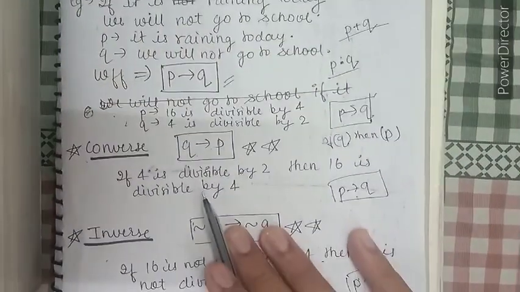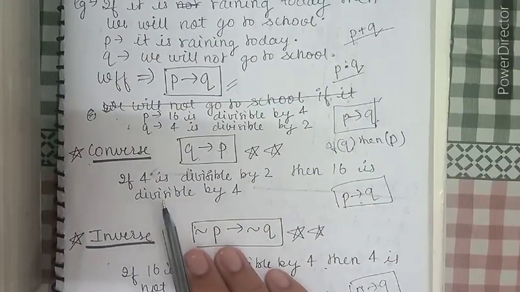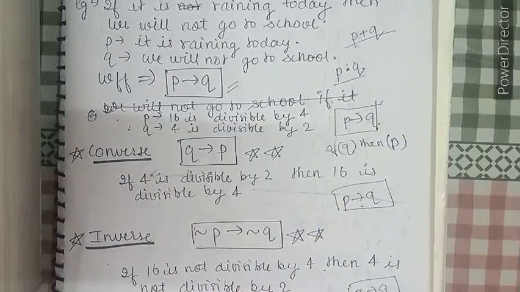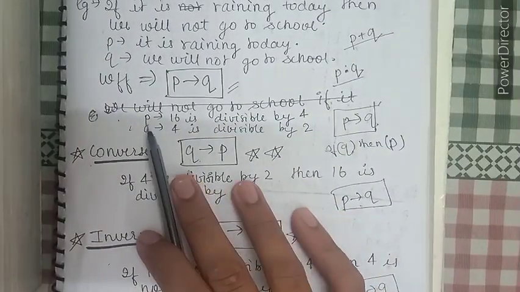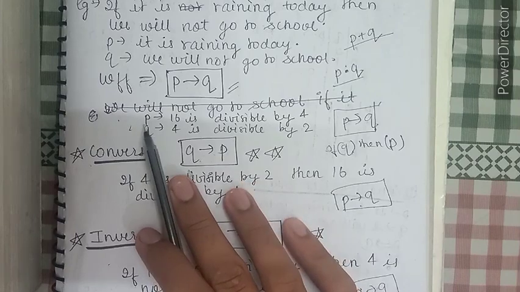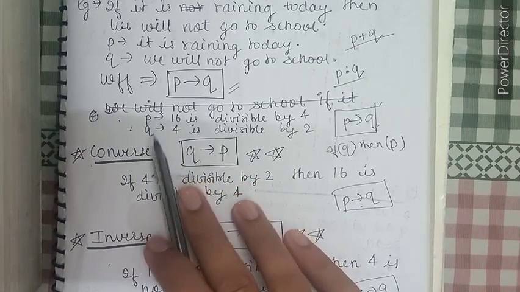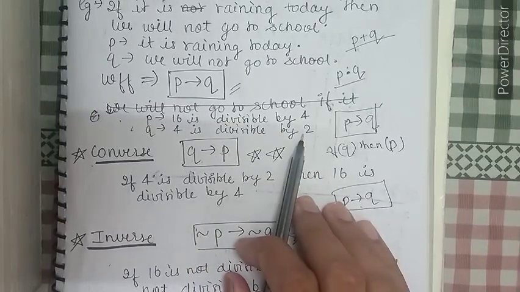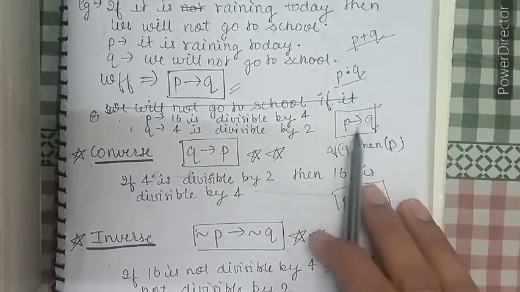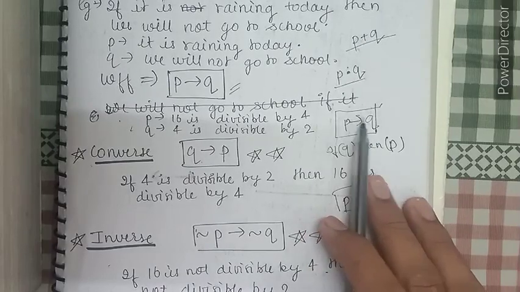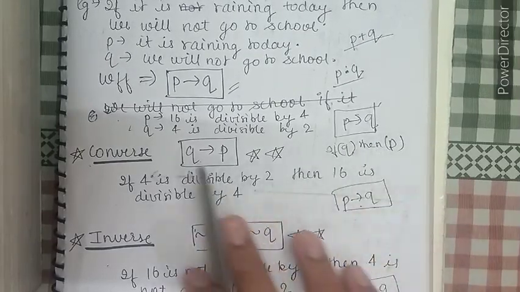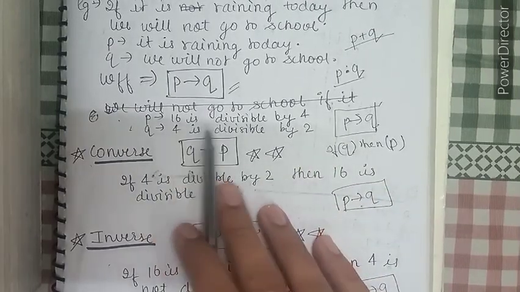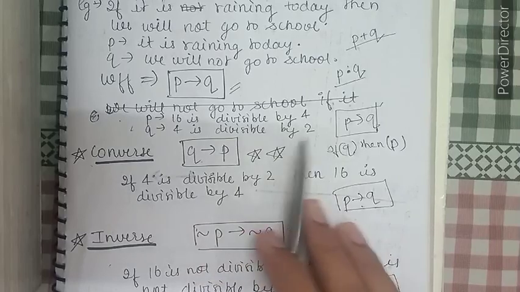Now we are going to talk about important topics which often come in the ISC exam: converse, inverse and contrapositive. Let's take an example. P and Q are two simple propositions: 16 is divisible by 4 and 4 is divisible by 2. If we have P implies Q, then the converse of P implies Q will be Q implies P. Earlier it was: if 16 is divisible by 4, then 4 is divisible by 2.